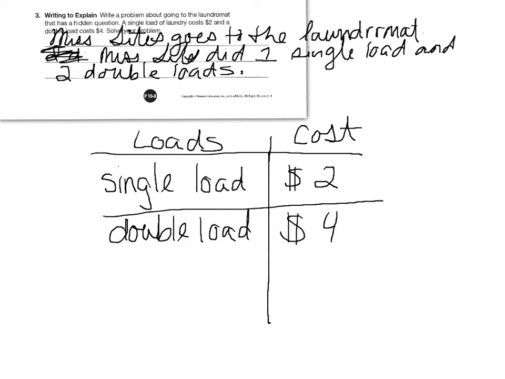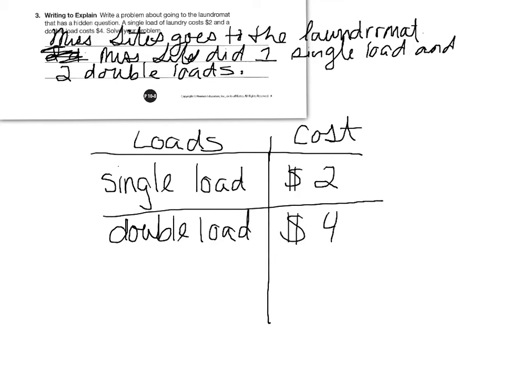Now, that's how many I did. Now I actually have to have a question. So what do I want to say? Do I want to say I had $5? Do I have enough to do it? I could do that. But let's make it easy.